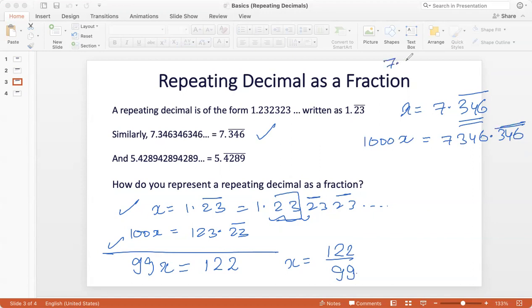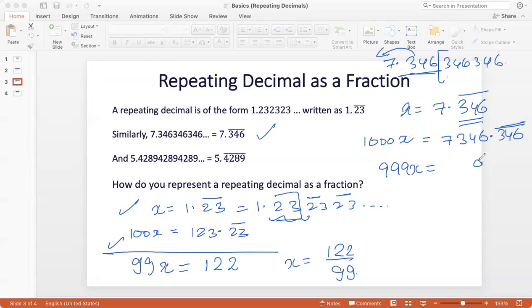Because just as we saw earlier, 346, 346, 346. So if I bring these 3 digits before the decimal point, then again, I get the same repeating decimal. And now if I subtract the first from the second, I get 999x is 7346 minus 7.